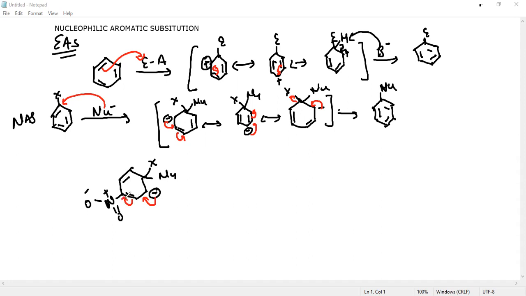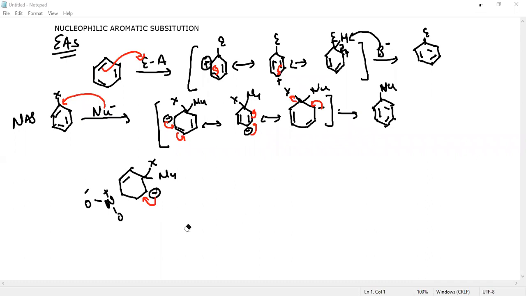Okay, and what can happen here is this thing. So when this pi bond is moved here, it can move here to the nitro group. So this electron density can move all the way up here. So let me draw it again. What I'm trying to say is this thing.